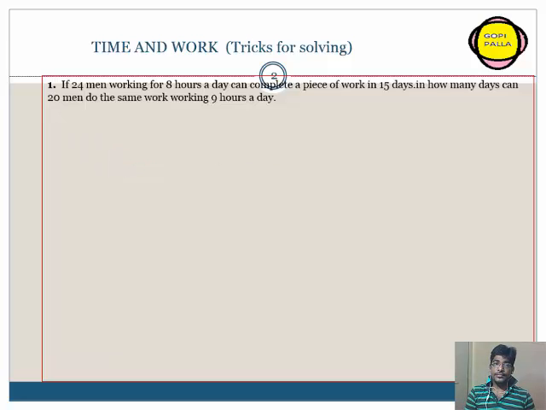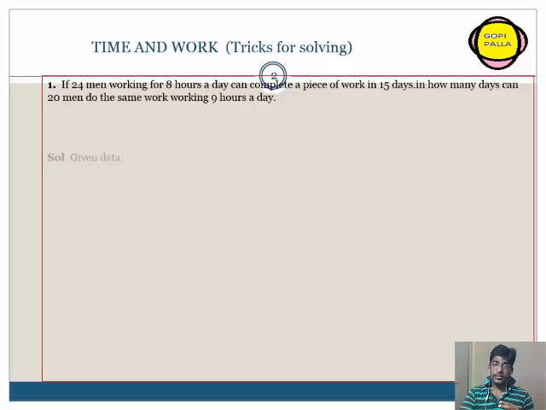First problem: if 24 men working for 8 hours a day can complete a piece of work in 15 days, in how many days can 20 men do the same work working 9 hours a day? So here they have given one set of statements and they're asking to find out the performance of a different set of people.